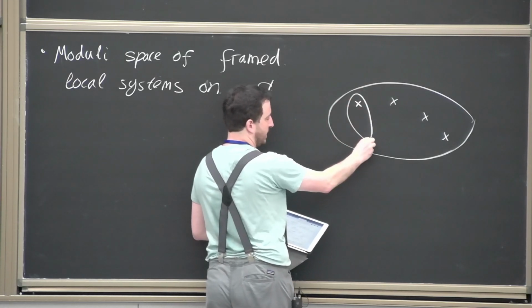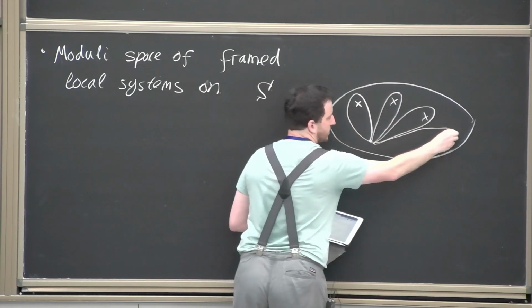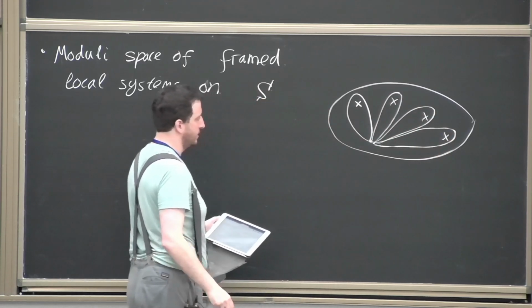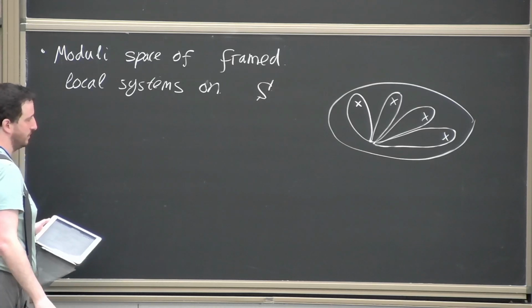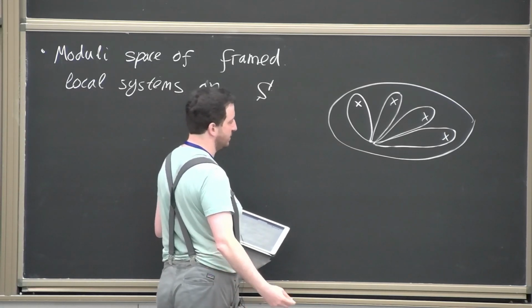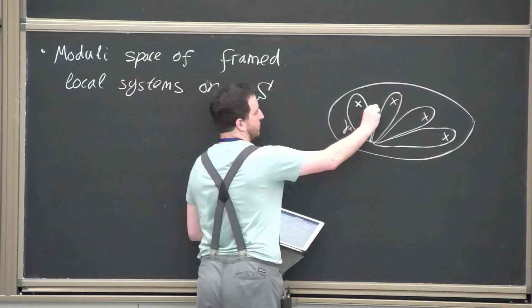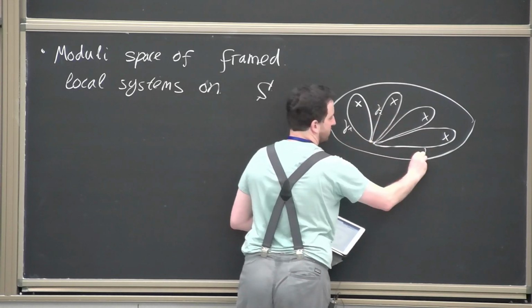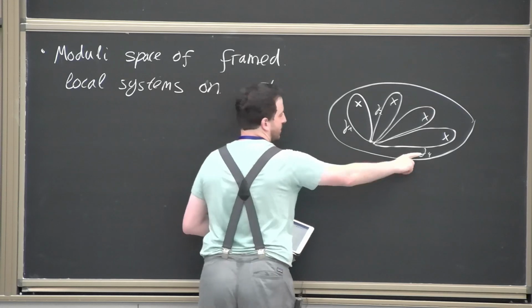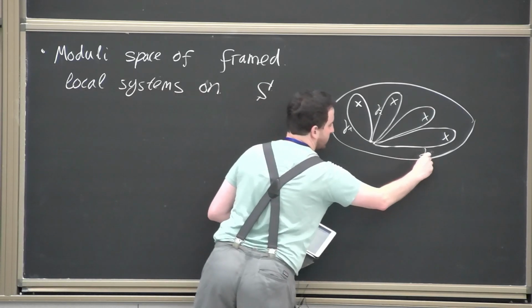We pick some base point, pick some curves that form a basis in the fundamental group. These are the corresponding cycles, corresponding paths, that form a basis and give the generators of the fundamental group. So, gamma 1, gamma 2, in this case gamma 4. Okay, let me write gamma k.